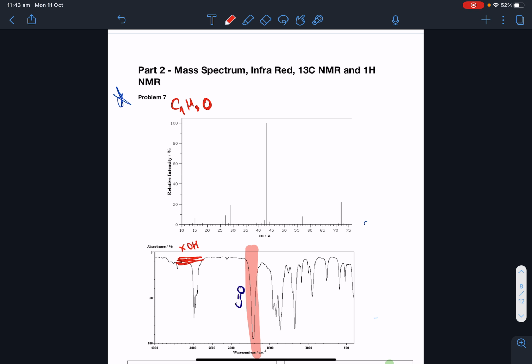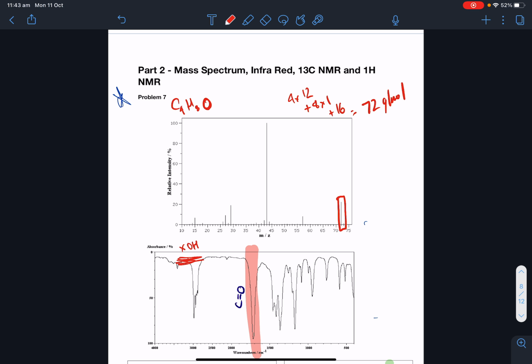Let's work out a mass for that. 4 times 12 plus 8 times 1 plus the 16, and let's see what we get, where we should see our top parent peak in our mass spectrum. 4 times 12 plus 8 plus 16 gives us 72 grams per mole. Look at this parent here, 72.